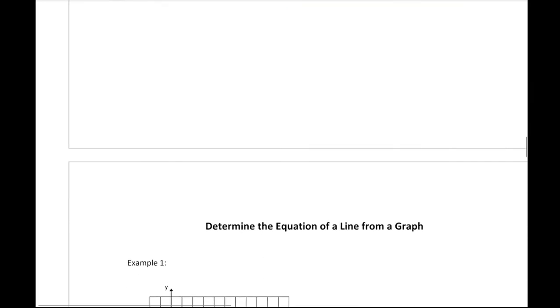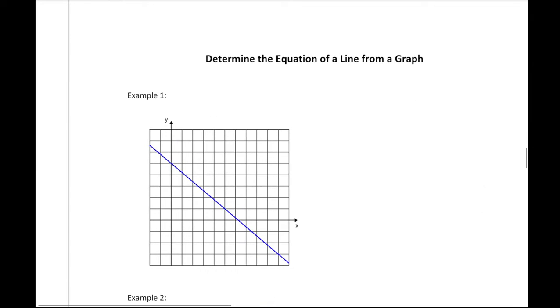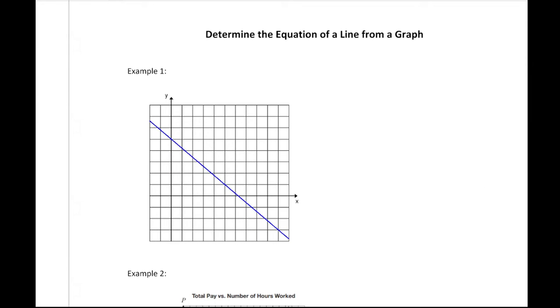We can use that same idea to come up with an equation of a line from a graph. I'm just going to redraw over these lines to make them easier to see. So there are my axes. If I'm trying to come up with the equation, I'm looking for y equals mx plus b.